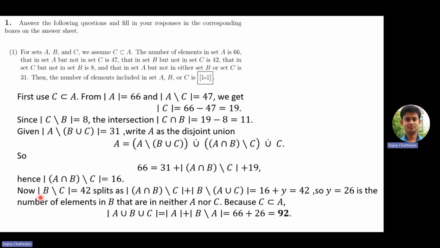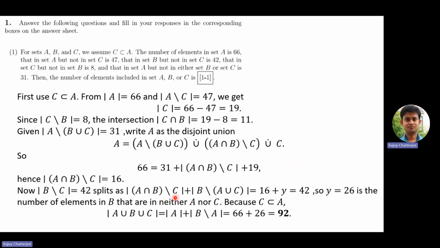Now the number of elements in B which is not part of C is 42. It is also given, and we can write it as A intersection B which is not present in C plus B which is not present in A union C as 42. This is again from the set theory formula.